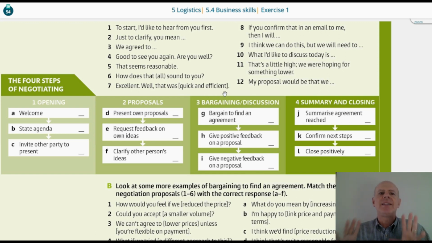Okay, so these are the sentences that we can use in a meeting like this. Obviously, you can do your way. You can adapt these sentences, but this is a very good way to try a negotiation meeting.